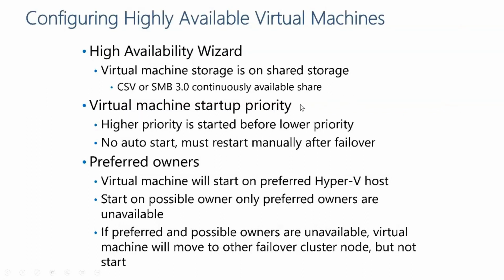We have a virtual machine startup priority, so if there are lots of virtual machines, we don't have to protect all of them at an equal level. Some virtual machines are more important than others, so we can set a higher priority on those and a lower priority on the ones that are not as important. The higher priority is started before the lower priority.